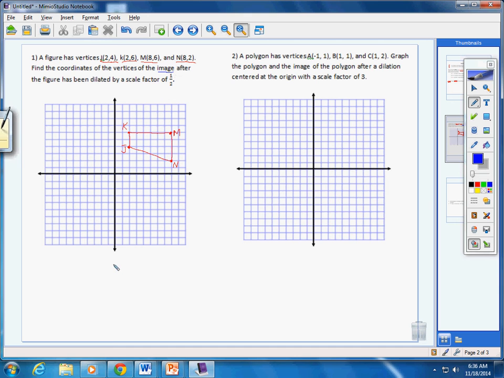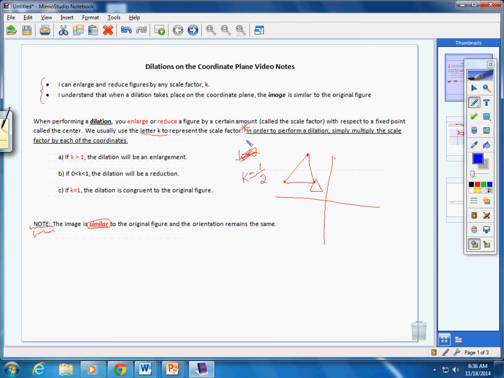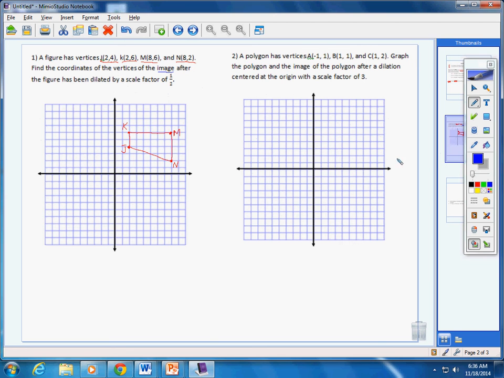So remember, back on your other page, on our notes, it says, in order to perform a dilation, simply multiply the scale factor by each of the coordinates. So like I said, you're going to refer back to this direction every time you perform a dilation. So if you just have to multiply the scale factor by each of the coordinates, this should be pretty easy. So let's write these out just so we can see it all.